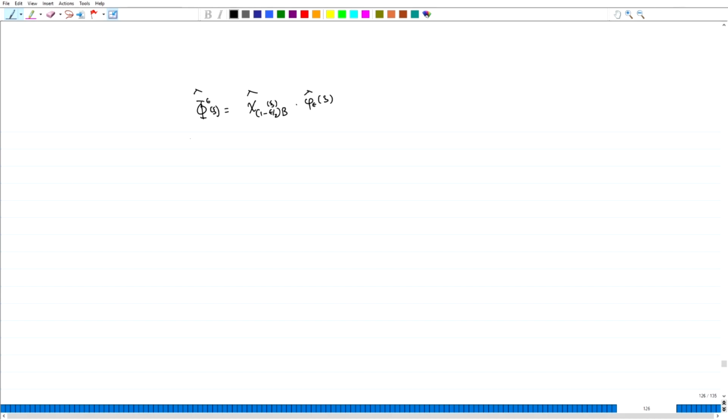Now, if we take the modulus, this is less than or equal to, since we know the estimate of chi B hat and therefore of the dilation of the ball, some constant times 1 by (1 plus mod xi squared) to the power (n plus 1) by 2, times the estimate for phi epsilon.